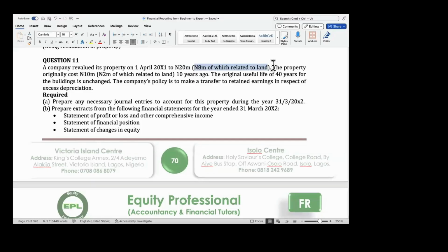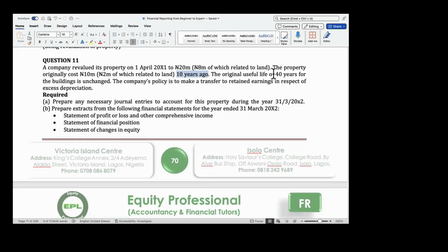Then it said the property originally cost 10 million, 2 million of which related to land. The same reason, so that you will not depreciate it. They said this property cost 10 million 10 years ago, which means we bought this property 10 years ago.